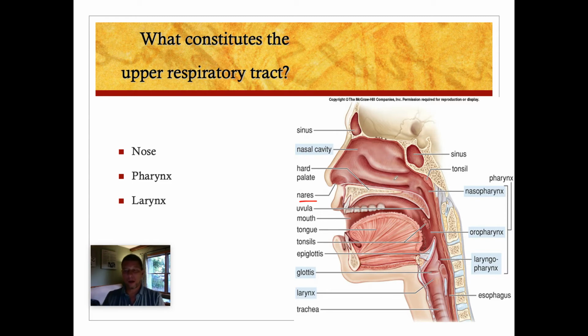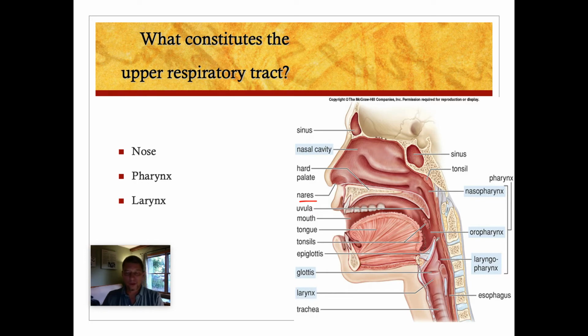The air then passes down the nasopharynx, which is the part of the pharynx behind the nose, through the oropharynx, which is the part of the pharynx behind the mouth, and then down through the laryngopharynx, which is the part of the pharynx that is behind the voice box or the larynx. Okay, so those are the major portions here.